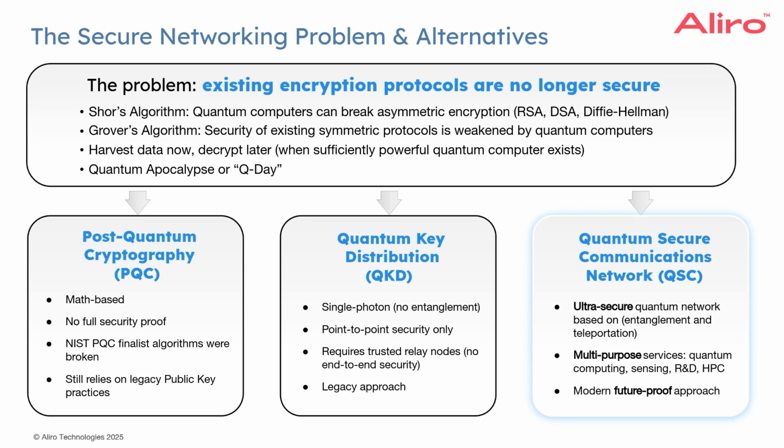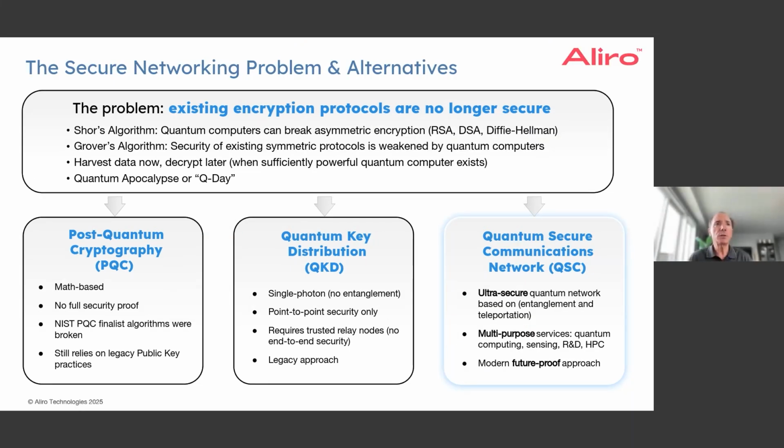So that's QKD. On the left is PQC. This is the idea of moving to new math algorithms that are more resistant, especially to quantum computers and Shor's and Grover's algorithms, than RSA and Diffie-Hellman and the others we use today.